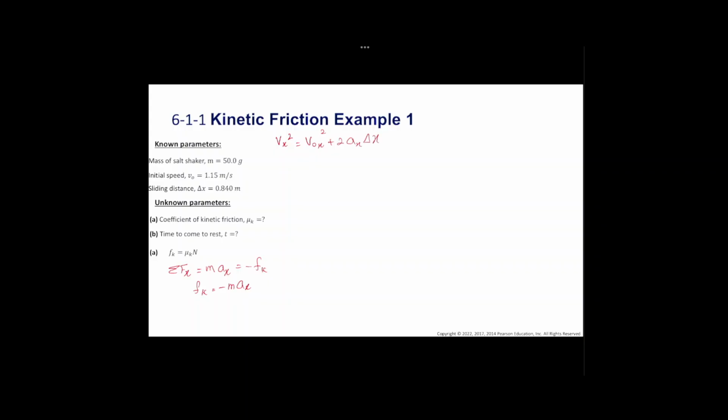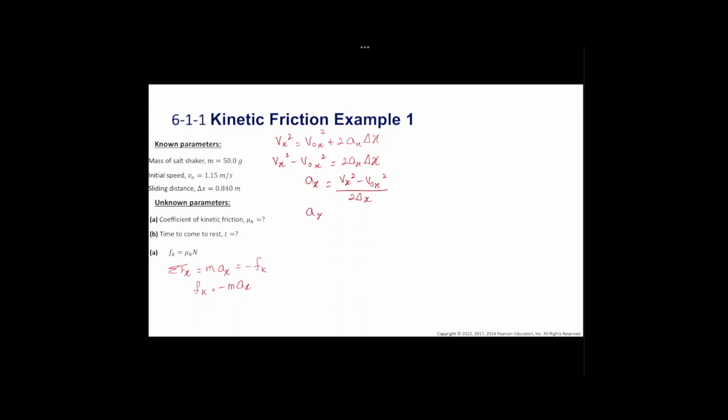From this equation we need to find the acceleration. Therefore let's isolate acceleration first. Then ax equals vx squared minus v naught x squared over 2 times delta x.